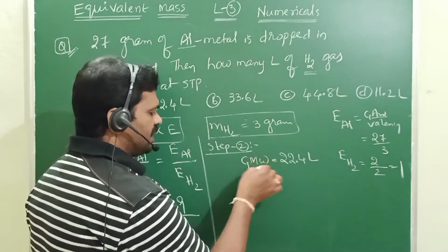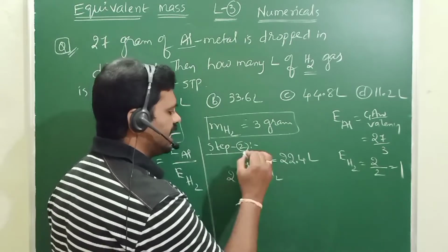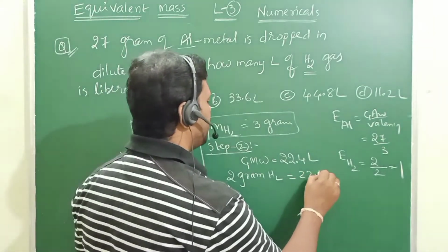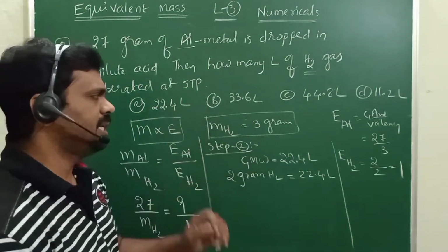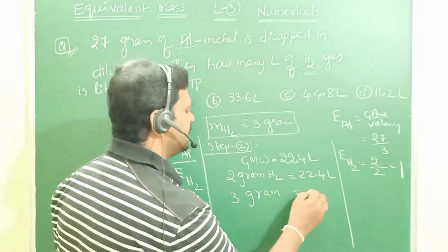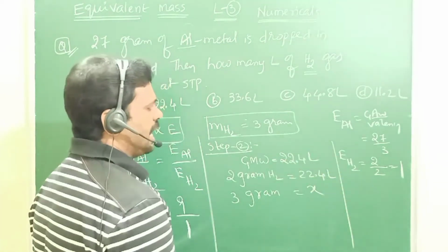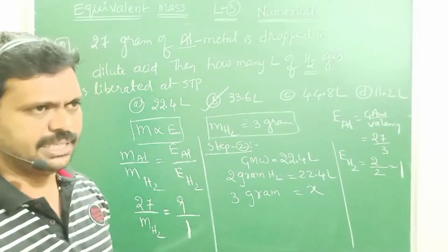The molar mass of hydrogen gas is 2 grams. So 2 grams of hydrogen gas can occupy 22.4 liters. Here the liberated hydrogen gas is 3 grams. So 3 grams of hydrogen is equal to X liters. After calculation, you will get 33.6 liters.